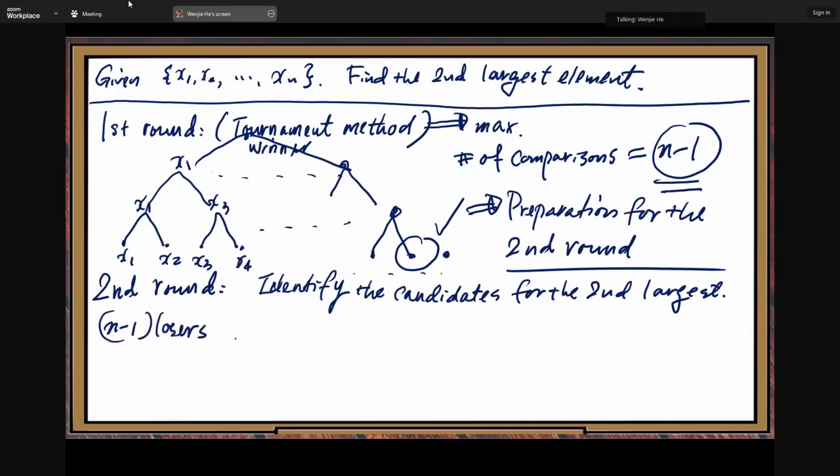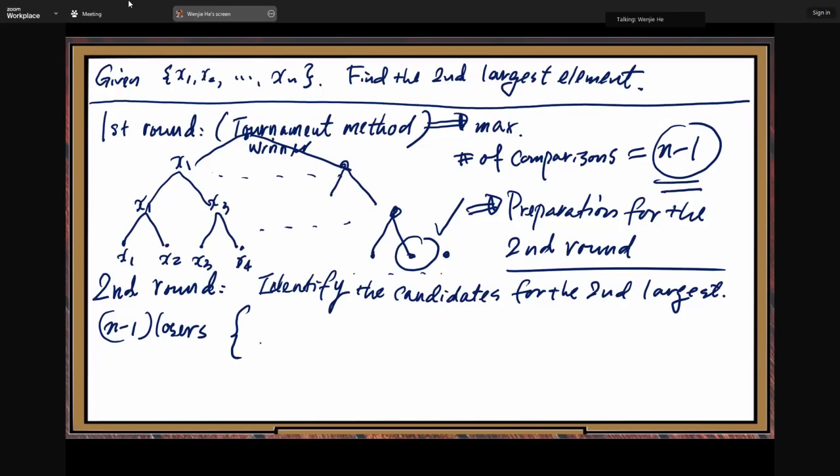But among these n-1 losers, we can divide them into two groups. Although they are all losers, there are different types of losers.